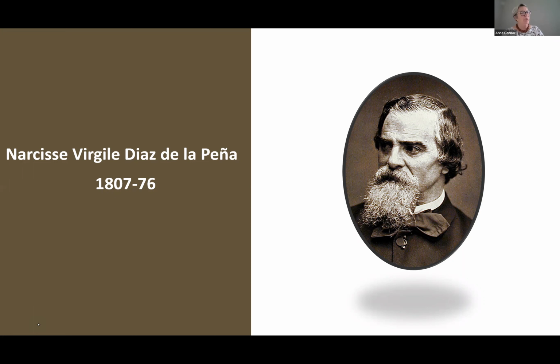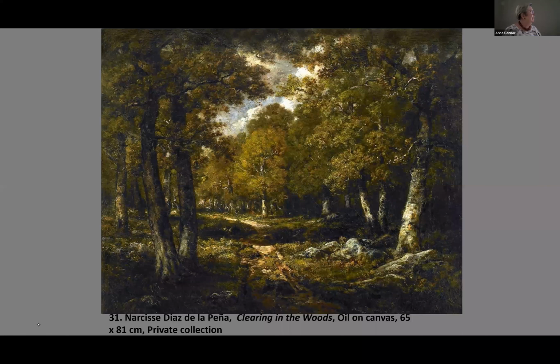His early works were kind of romantic composition, a little bit like Delacroix, but then he became the painter of the forest, and he's really known for a particular style with that kind of idea of the vortex, where you have the forest, but you have that appeal towards that clearance in the middle. And that's very typical.